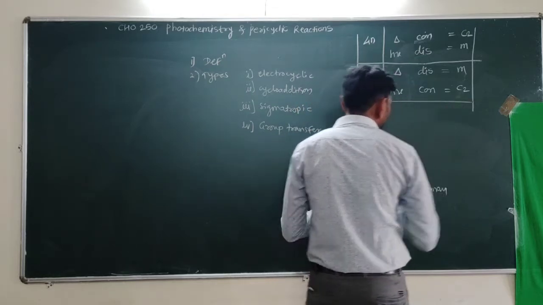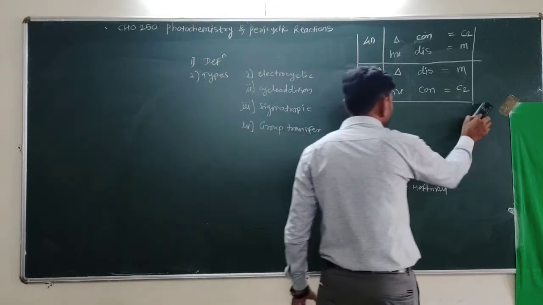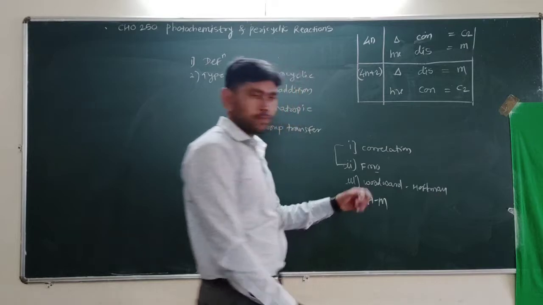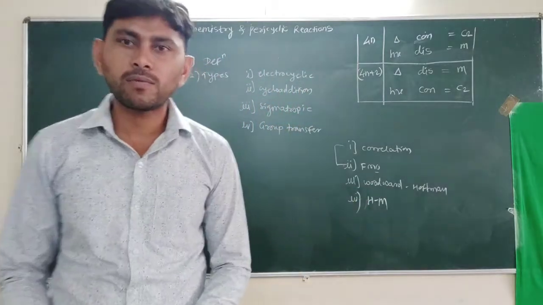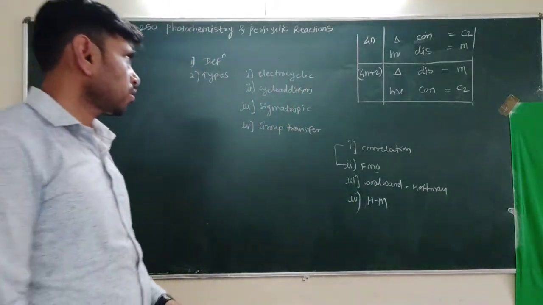So opposite results are obtained in the case of the 4n pi electron system and the 4n plus 2 pi electron system.